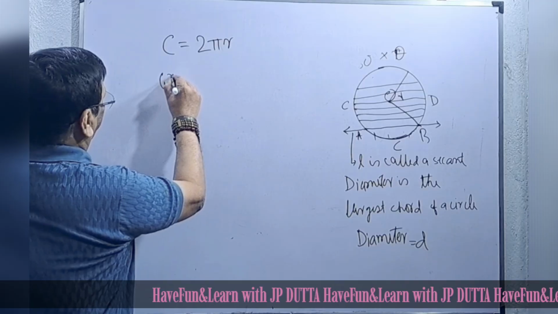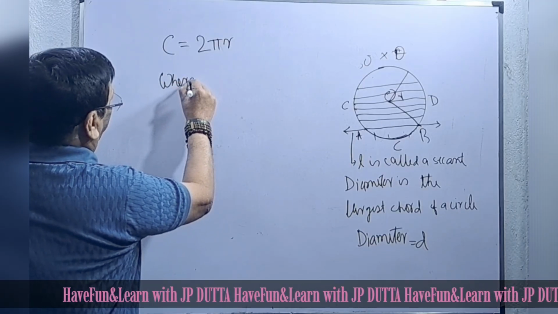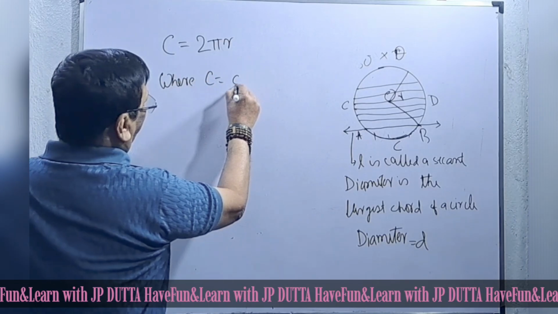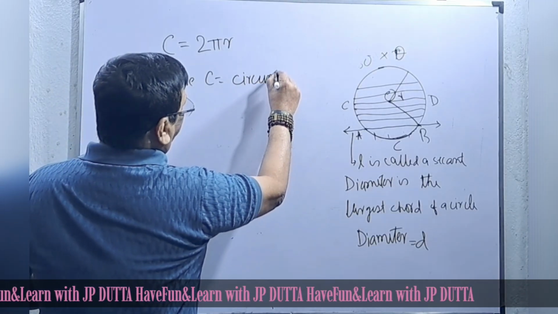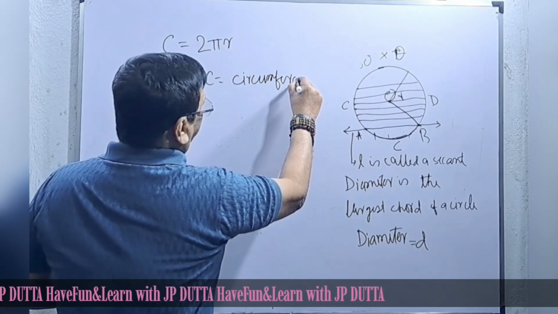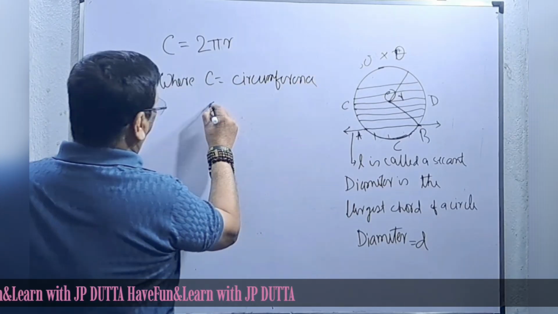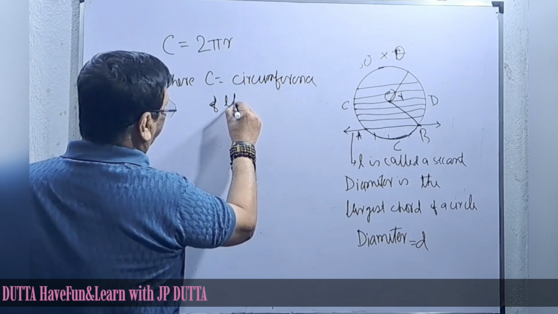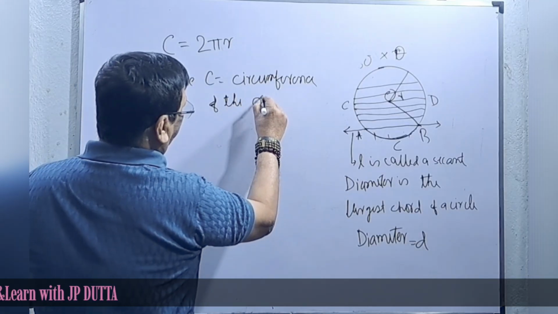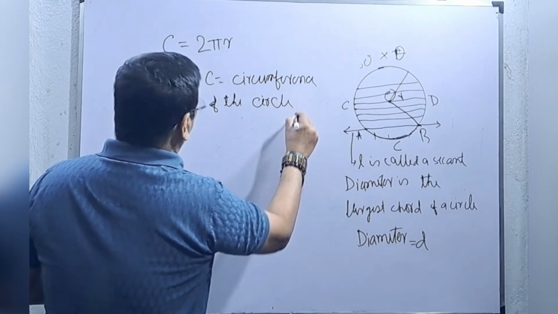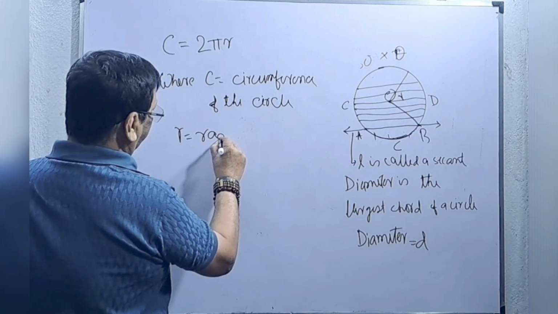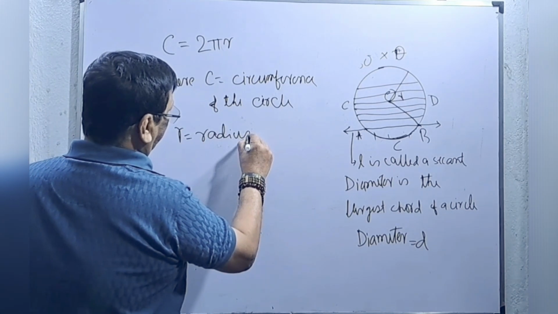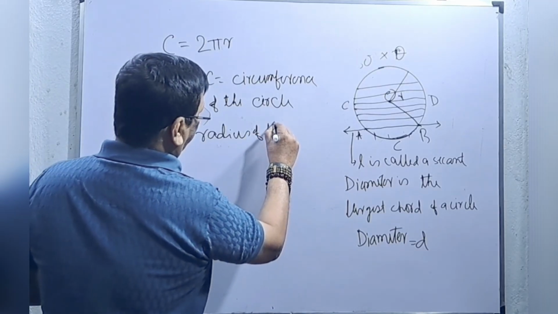Where C is equal to circumference of the circle, r is equal to radius of the circle.